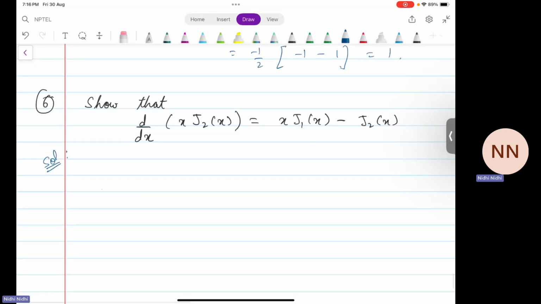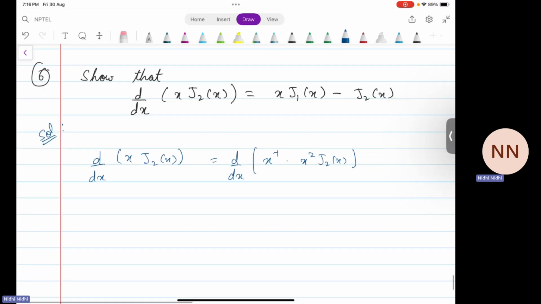So we have d by dx of x J2 of x. It can be written as d by dx of x to the power minus 1 times x square J2 of x. Now we'll apply the product rule.